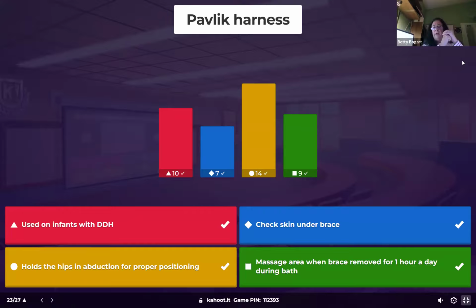We got to put it back into place. This harness holds it into place in abduction. Remember to check underneath the brace, rub it, of course, and have it off for the bath.